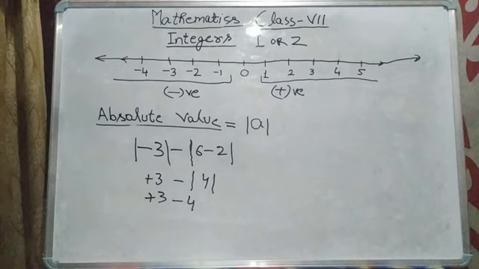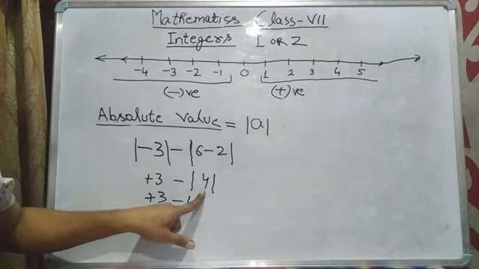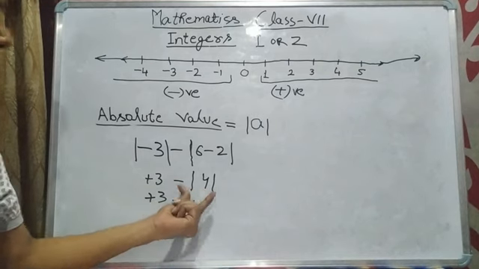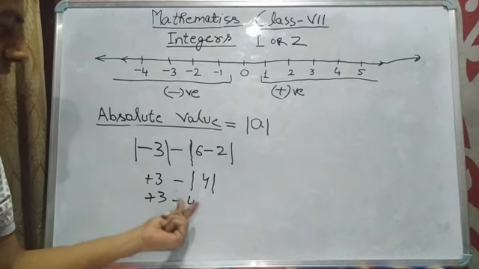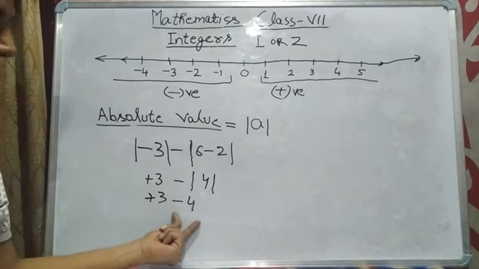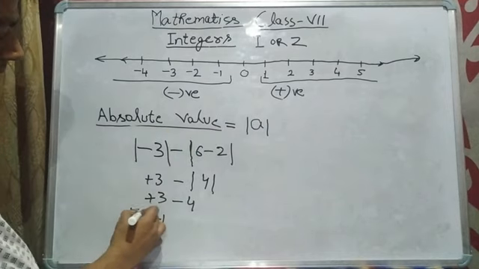Check the difference here. What we have said, this is plus 4. The integer is positive. While finding the absolute value of the positive integer, we get plus 4. And that plus 4 with that minus sign will become minus 4. Now we can easily solve. Minus 1.